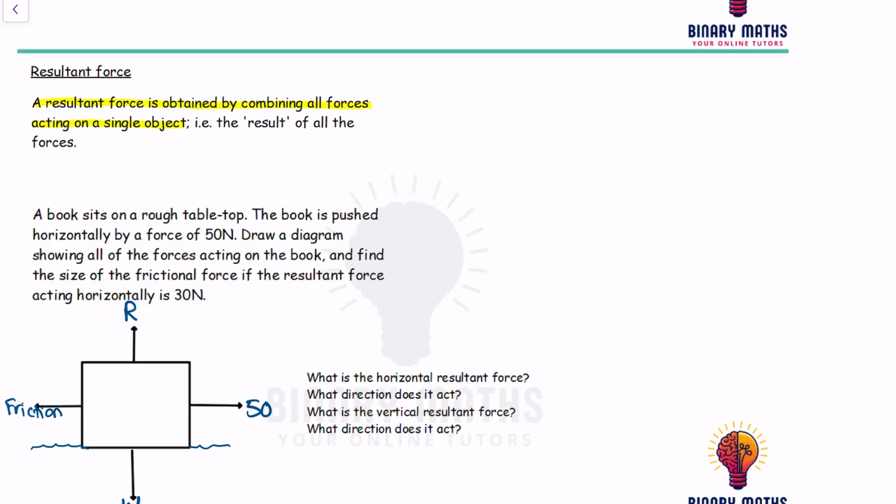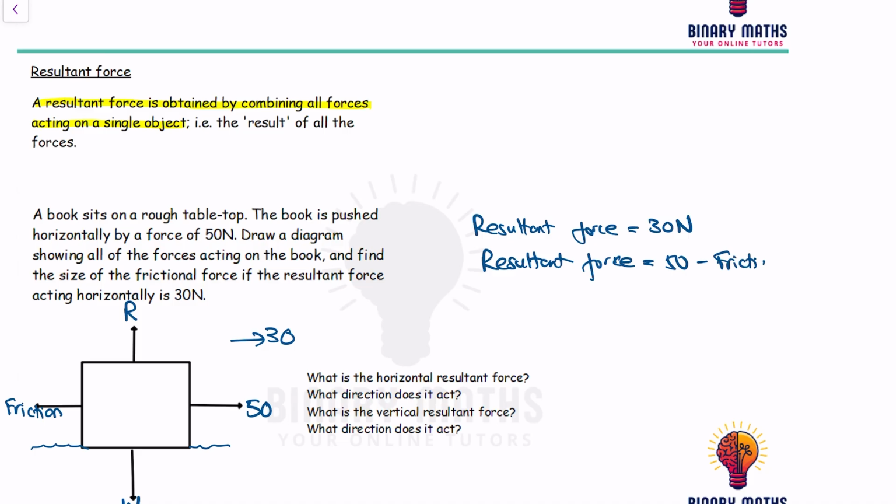So we know that resultant force is equal to 30 newtons. But resultant force is also equal to 50 newtons, because it's moving this way by 30, it must be 50 take away friction.